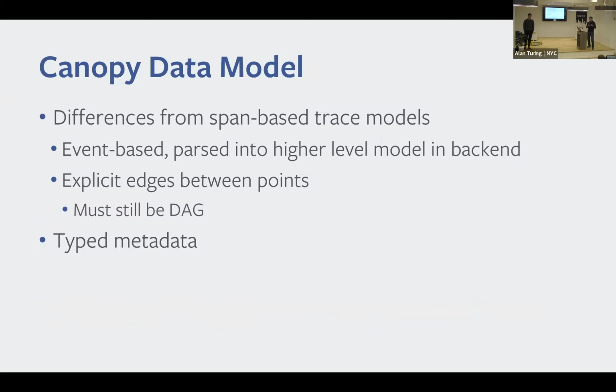We have a set of events that are put together in a backend to reconstruct a trace. And we have explicit edges between points of our data, instead of just having a parent-child relationship between spans. I've got a picture of this later. And then we also have the ability to annotate anything in the data model and also have type metadata for counters and stuff like that, which is pretty interesting.